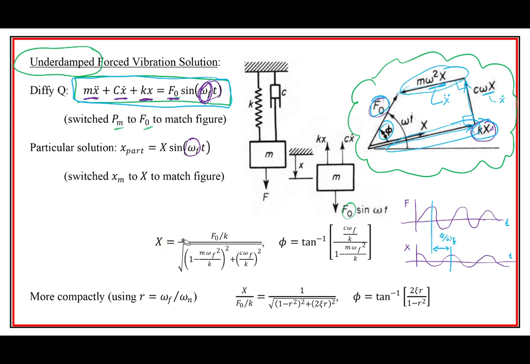So here are the equations that we end up with, or at least the first set of equations that we can end up with for our response, right? And if you do a little bit of massaging, this is one I like a lot better. Probably one that I would go to more often, because this is like the magnification factor.